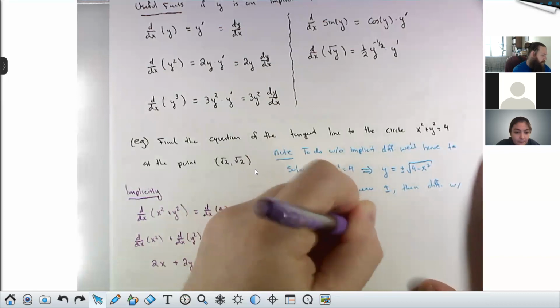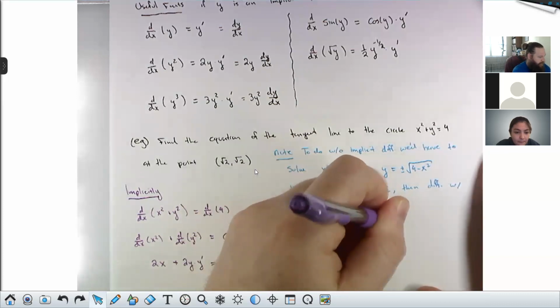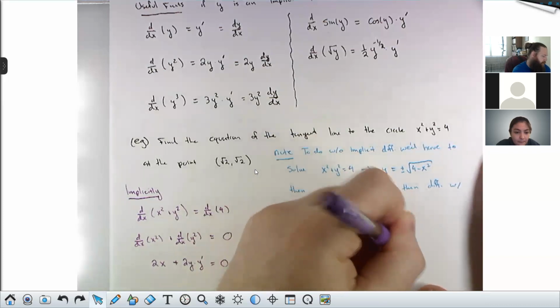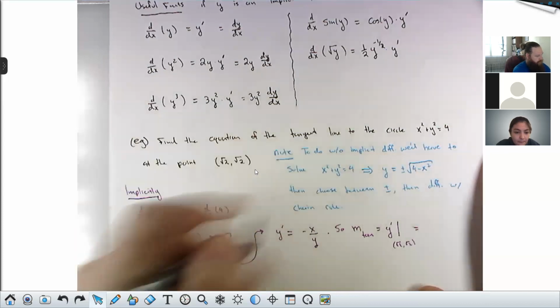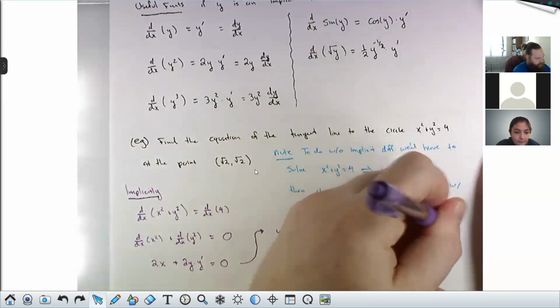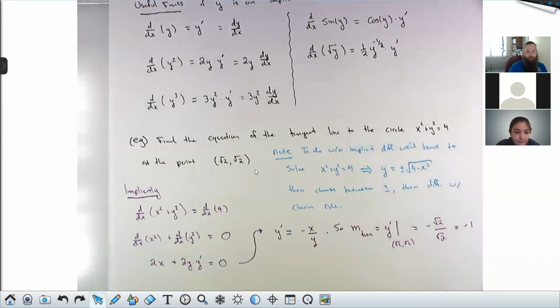So m tan, the slope of my tangent line, is y prime at that point, root 2 comma root 2, which is negative root 2 over positive root 2, which is negative 1. This notation, if you haven't seen it, just means evaluated at this point. So we're going to take this y prime and plug in root 2 and root 2 for x and y.